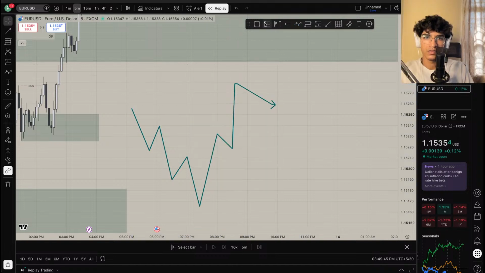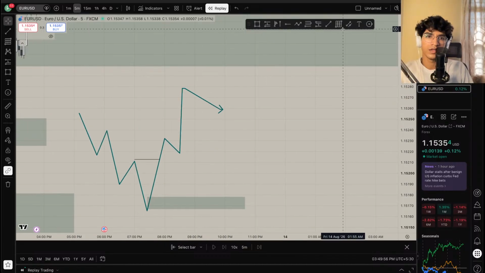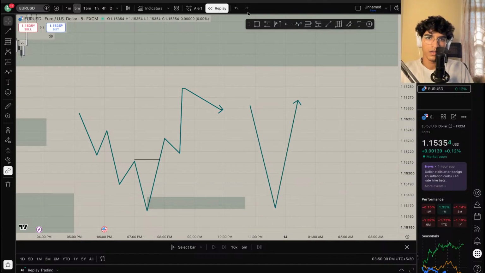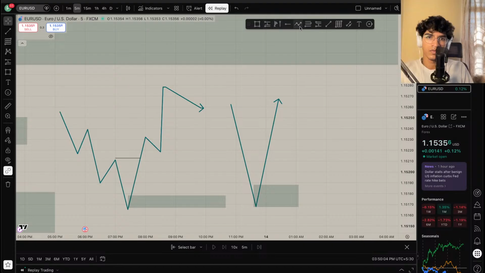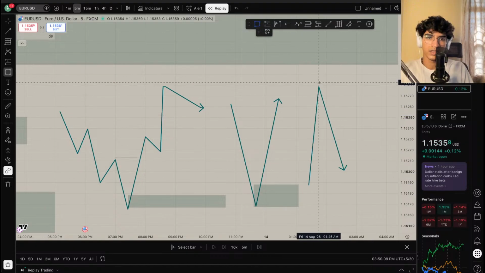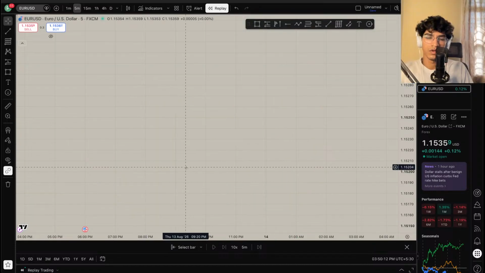If the market structure has shifted from bearish to bullish, the last candle before this swing will be an order block. Order block is nothing but if there is a swing, the last or extreme candle is the order block. Even if it's upside down, the last candle in the swing will be our order block, and you need to mark the whole candle.